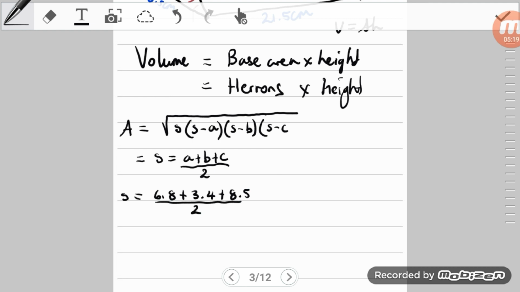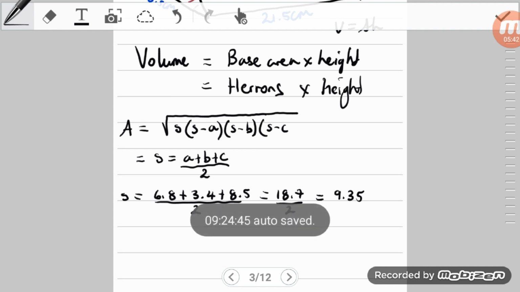If we add all three of those numbers, you're going to find that the answer here is 18.7 divided by 2, and this works out nicely to be 9.35. There is no specific instruction that says you should have it to 1 decimal place or 2 decimal places. I find it a lot easier if you just use 1 decimal place. It makes the working out a lot better.